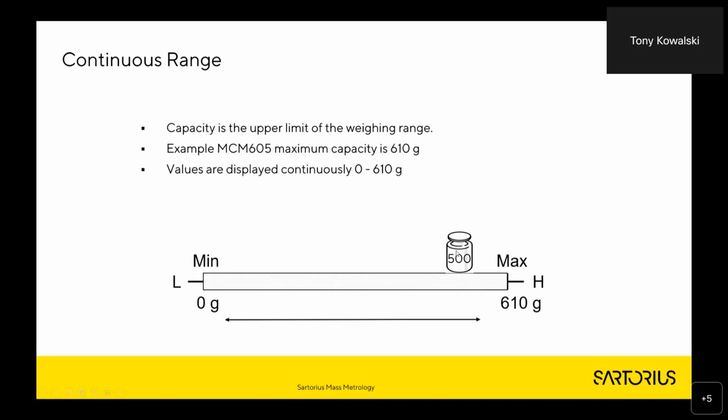With your OML weights, it'll be 500 grams, but in the USA, ASTM, they do have 600 gram weights, which is why such a comparator has a range of 610 grams. But a continuous range means you can see every value directly displayed.